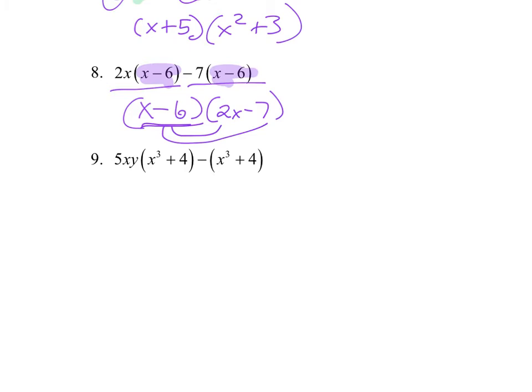Okay, so 9. All right, I'm going to pull out the x cubed plus 4. Okay, so I have x cubed plus 4, close parenthesis. And what is left behind is the 5xy.